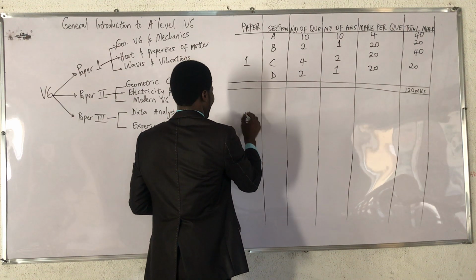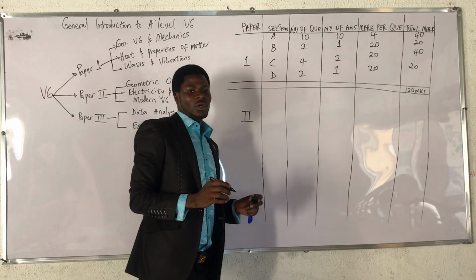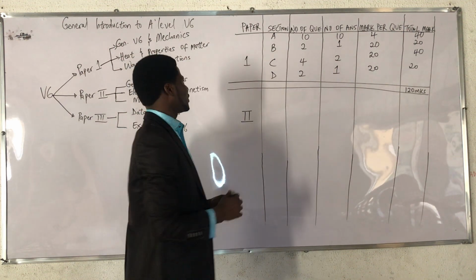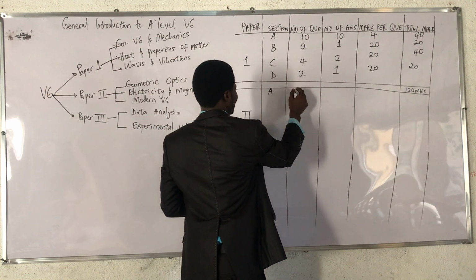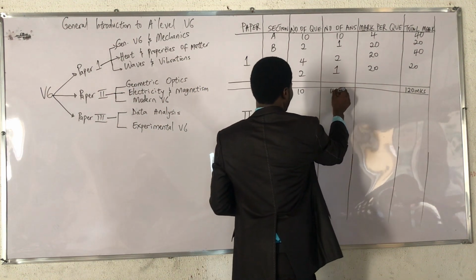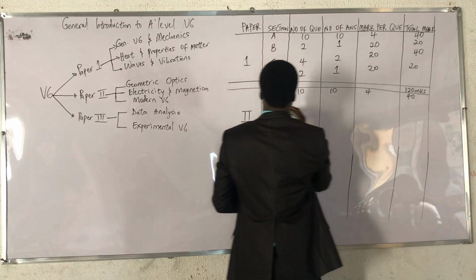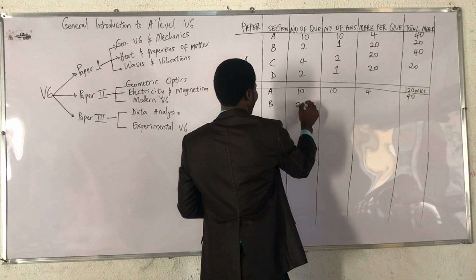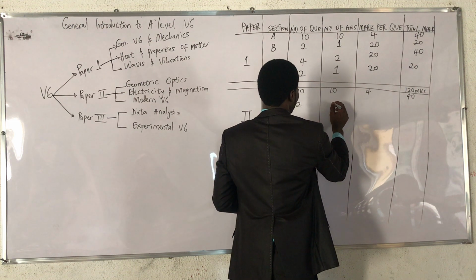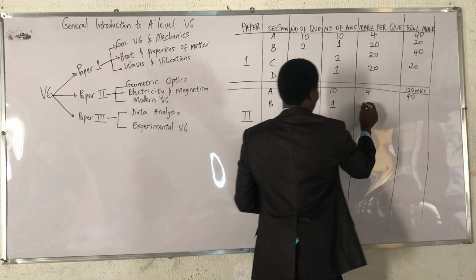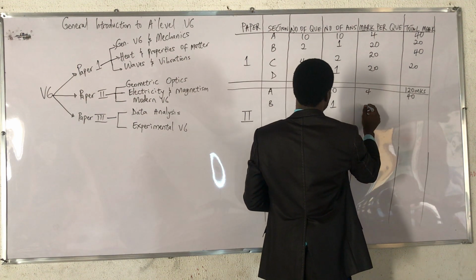The same method is used for paper 2. We have section A, 10 questions, answer all. Each is 4 marks, and that's 40. Section B, 2 questions, you have to answer 1. That's 20 marks.